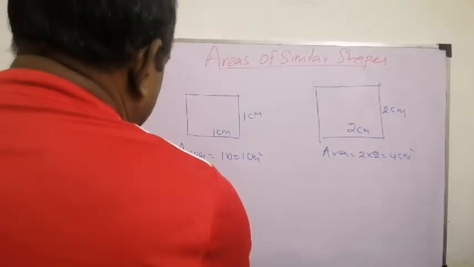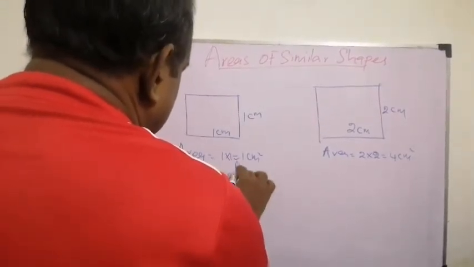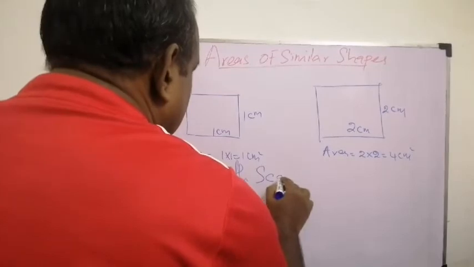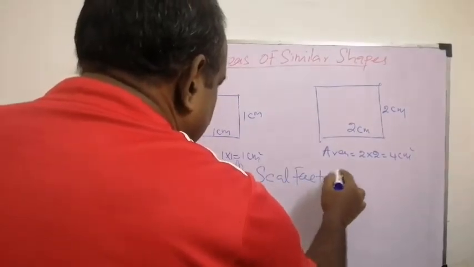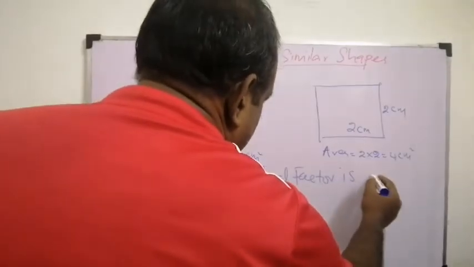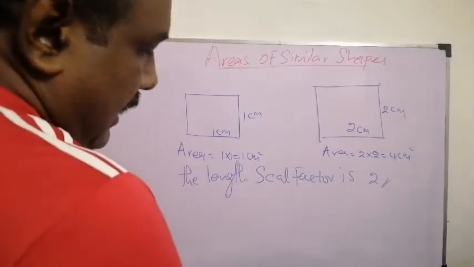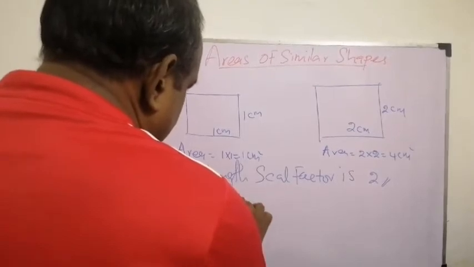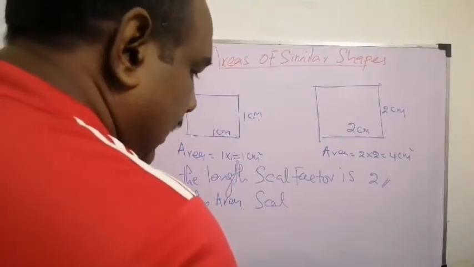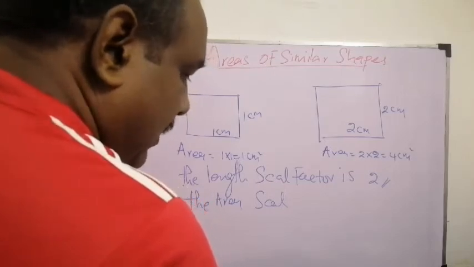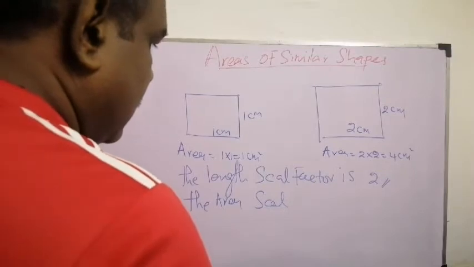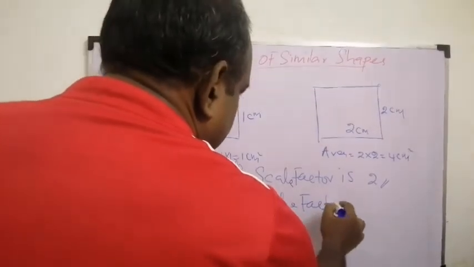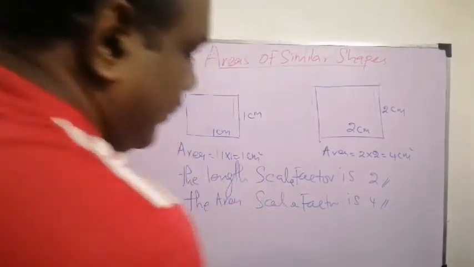So the length scale factor is 2, right? The area scale factor is increased by 4.